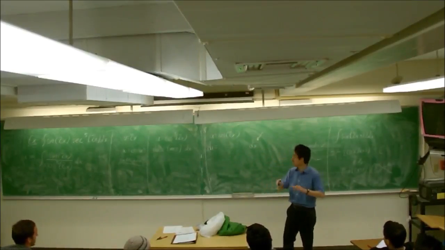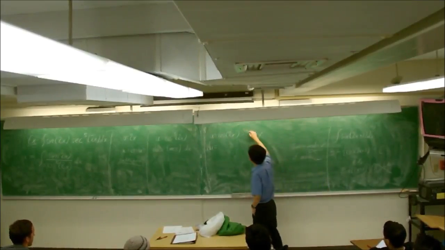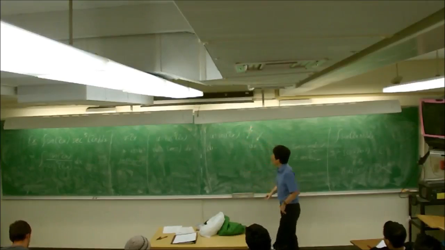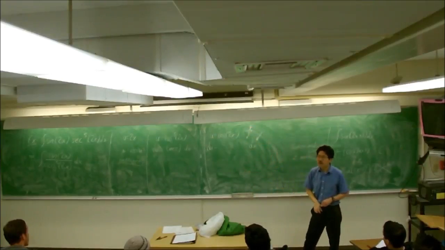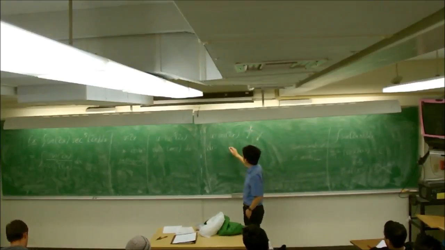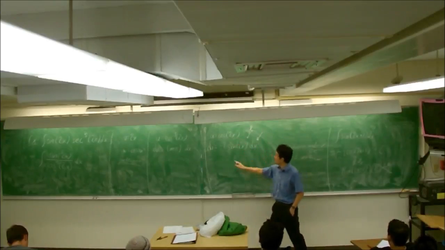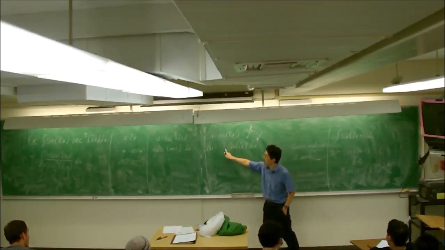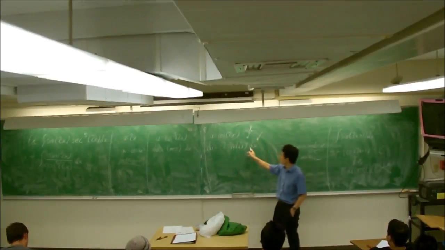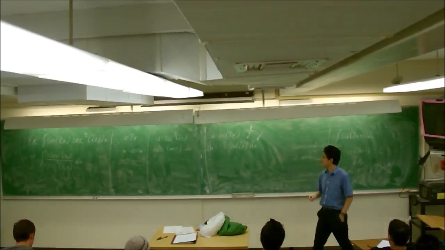Yeah. So be careful about that. What is the derivative of cosine of 2x? Negative 2 sine of 2x. The derivative of cosine blah is negative sine blah d blah. You all agree? Negative 2 sine 2x dx.